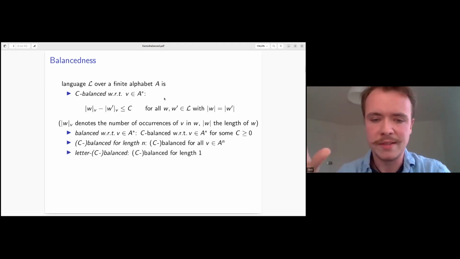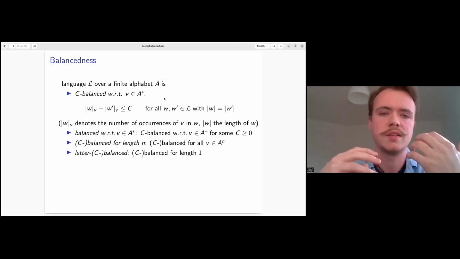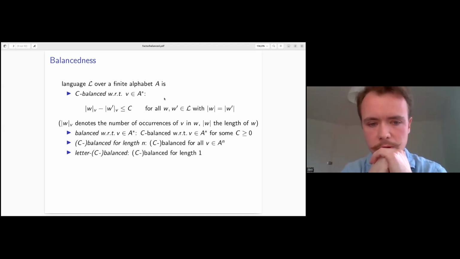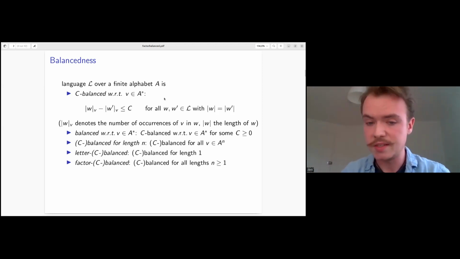If n is equal to 1, that's the usual notion that has been mostly studied, which is called letter balancedness. But if it is balanced for all n greater than or equal to 1, then we call it factor balanced.